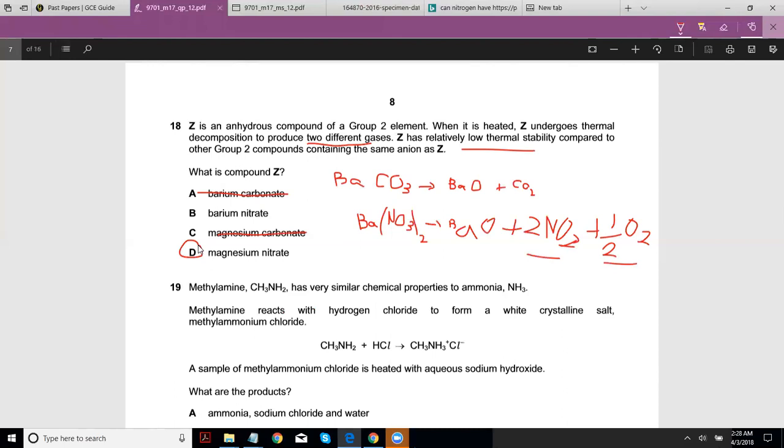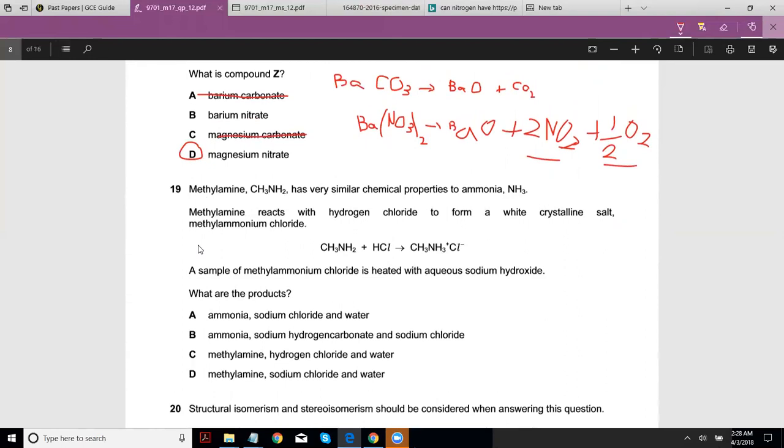It's more structured. So down the group, polarizing power कम है, so lattice will be more stable. So hence thermal stability would be high, high stability होगी. So it won't be barium because that's down the group. It would be magnesium because that's on top, on the higher end of group 2. So that's 18D.